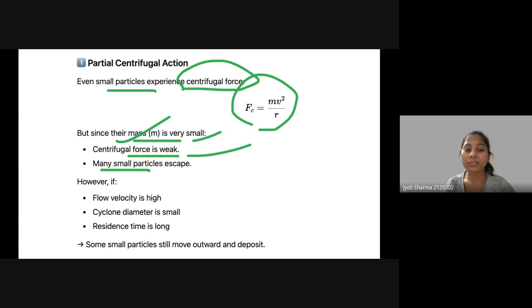But if the velocity is very high, the cyclone diameter is small, and the residence time is longer, these are the three conditions in which small particles can also be deposited. Otherwise they will not, because centrifugal force is directly proportional to the mass, right? So these are the three conditions based on which particulate matter, or small particles, may also get deposited.